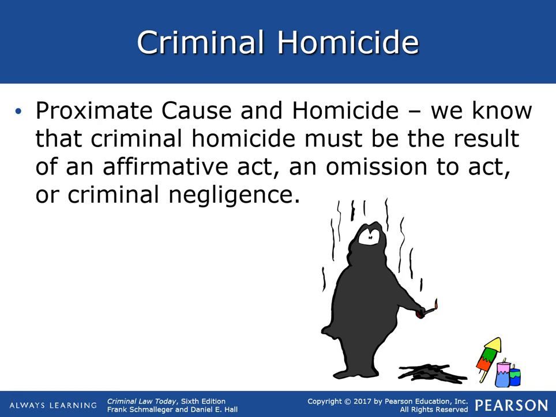Criminal homicide must be the result of an affirmative act, an omission to act, or criminal negligence. So for criminal liability to accrue, the cause of death must not be so remote as to fail to constitute natural and probable consequences of the defendant's act.